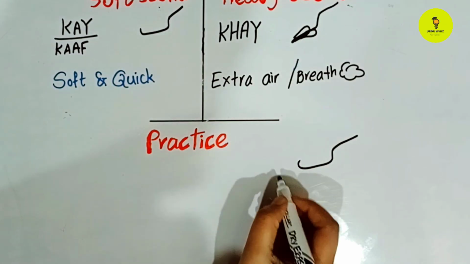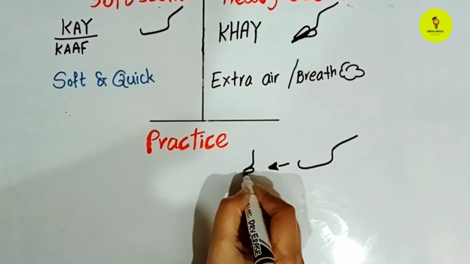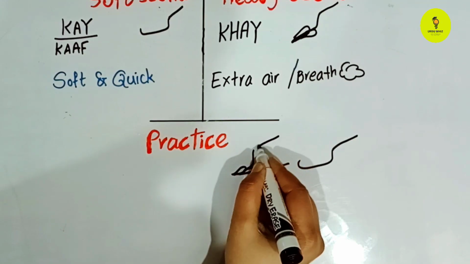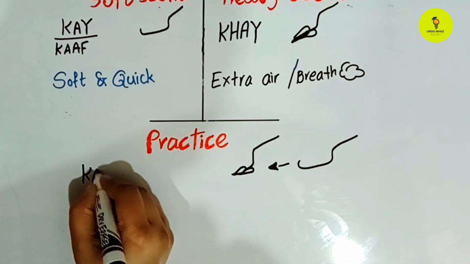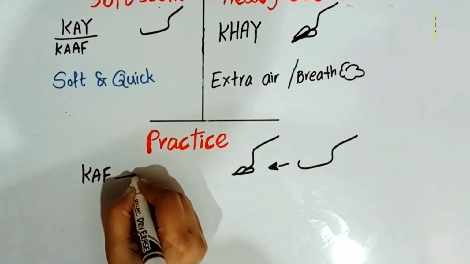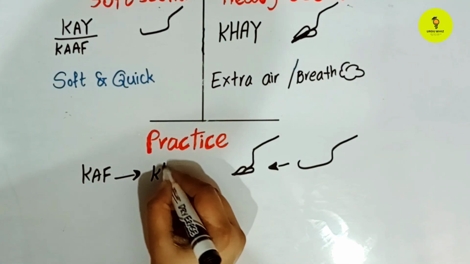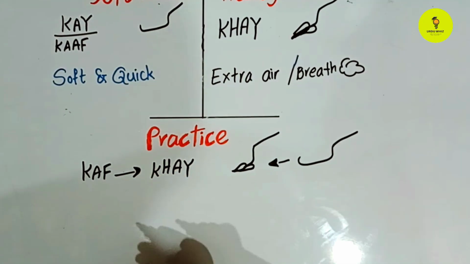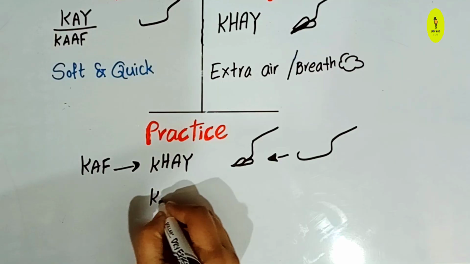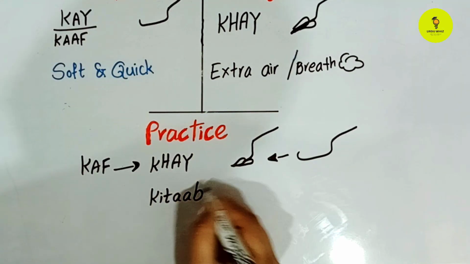This is Kaaf, and the hard sound is Khaaf. In Urdu, it's Kaaf and Khaaf. The Kaaf sound will make the word kitab.